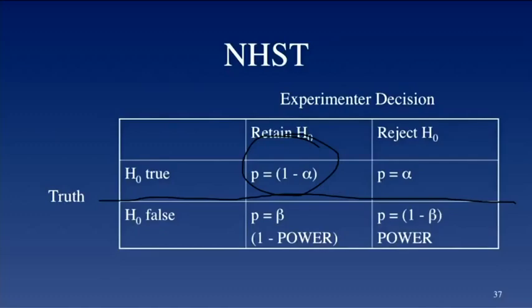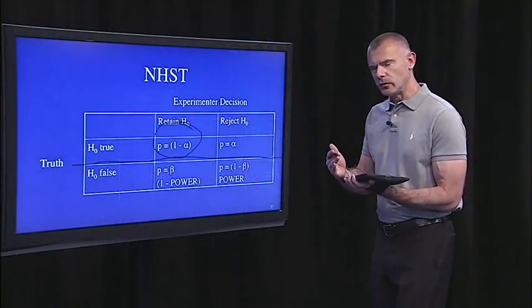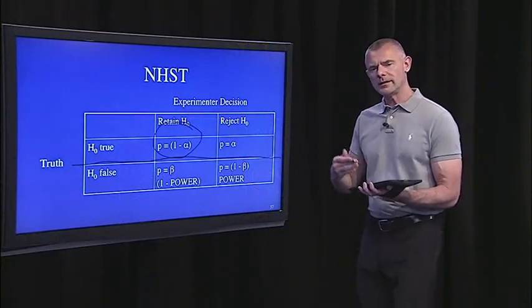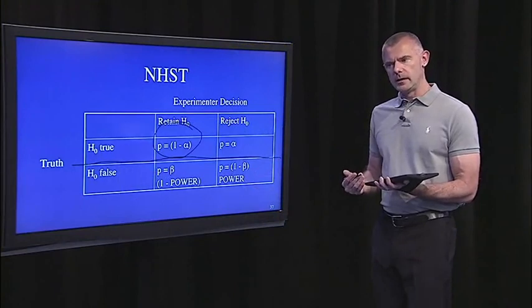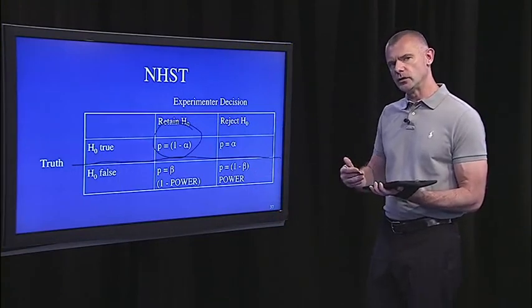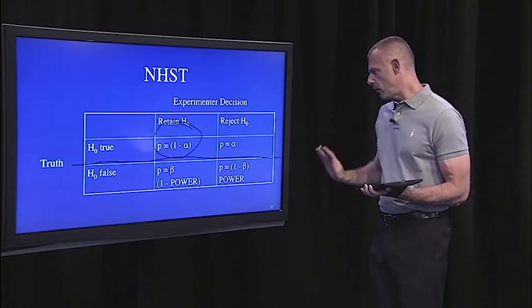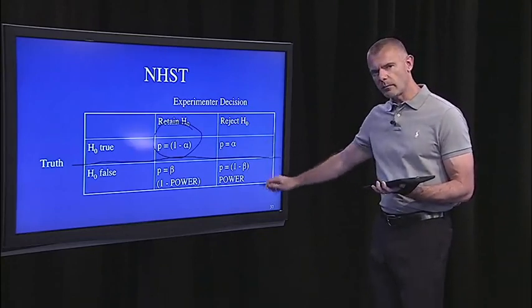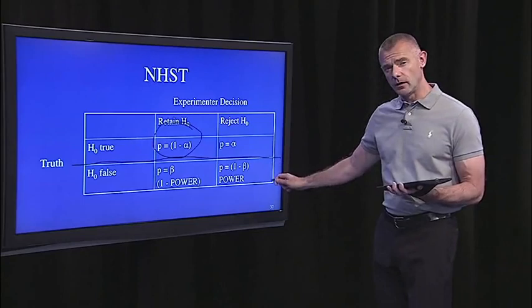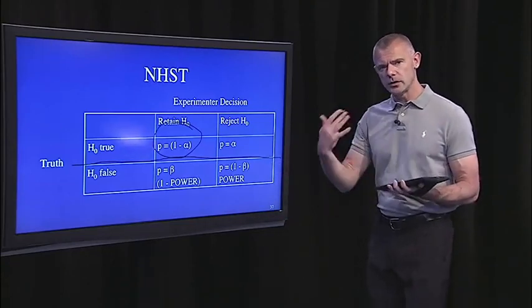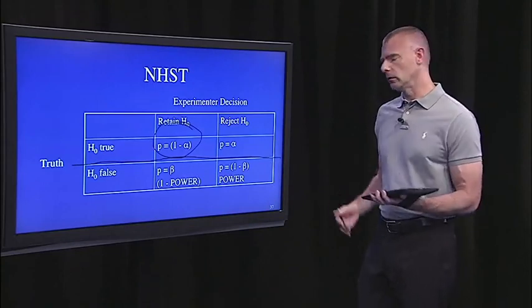The bottom row is more difficult, and we'll estimate those probabilities based on power. We'll get to power in lecture 9 when we do some of these examples in R. For now, power is simply the probability that you will reject the null hypothesis when in fact you should. So power is a good thing, statistical power.